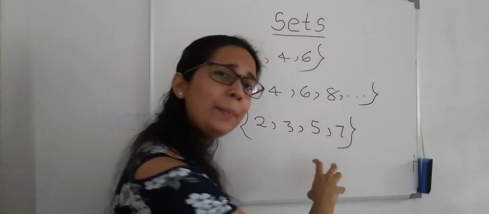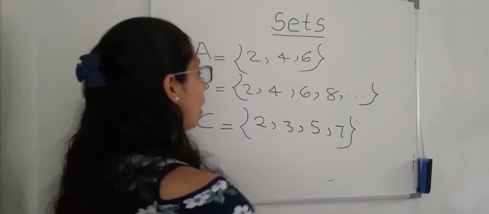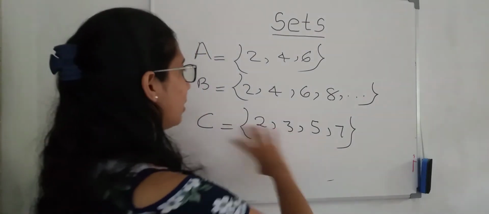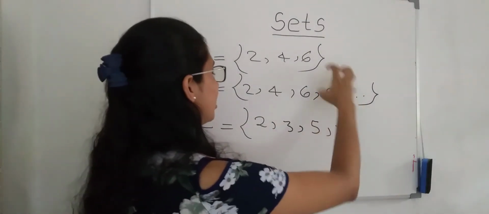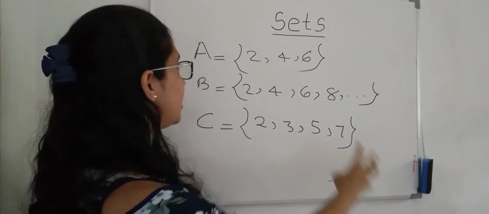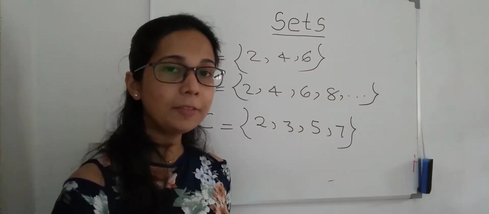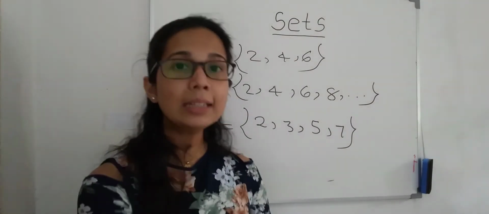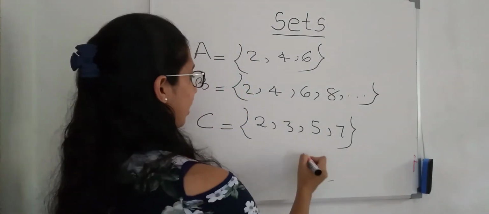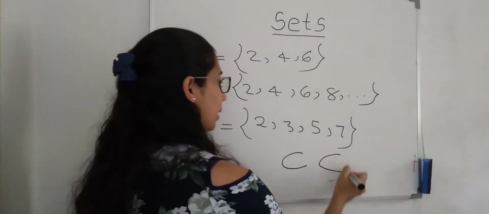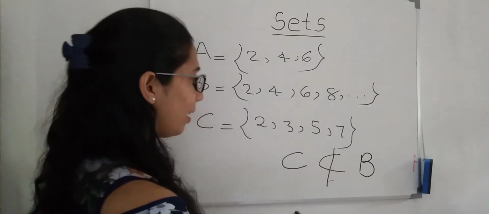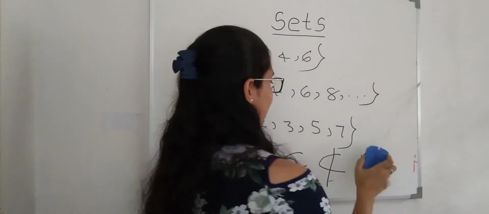Because not all the elements in set C belong to set B. Because of that, we can't say C is a subset of B. We should say C is not a subset of the set B. So how to denote that? Like this: C is not a subset of the set B.